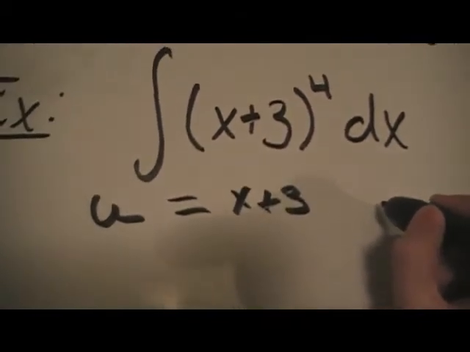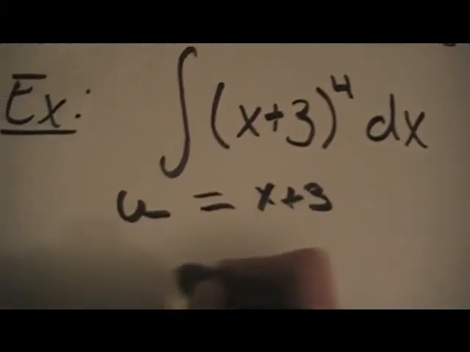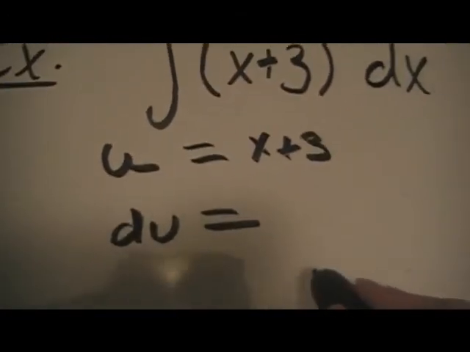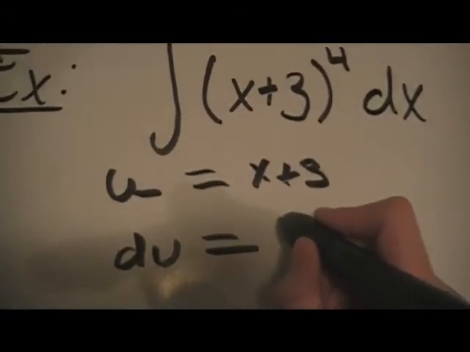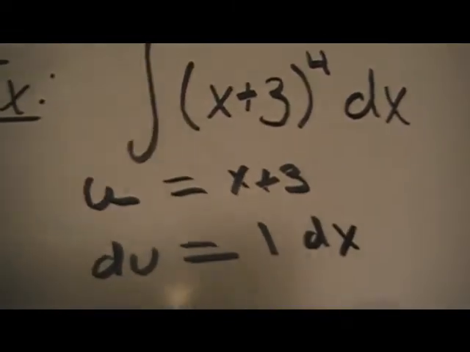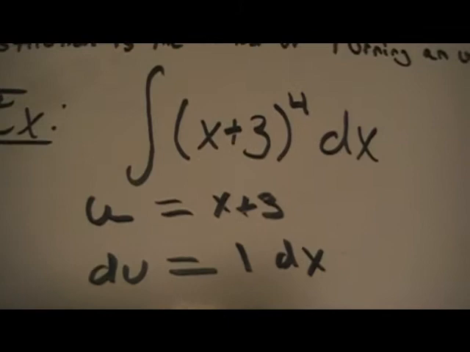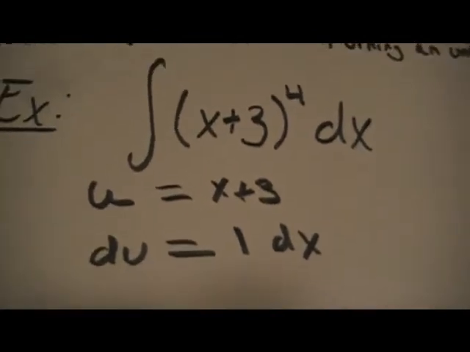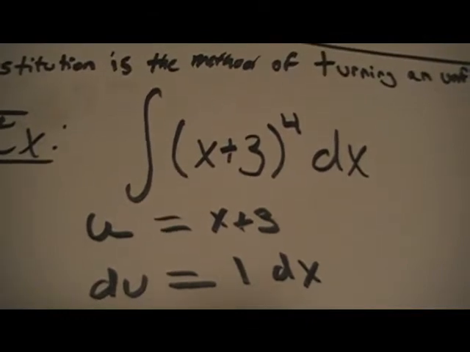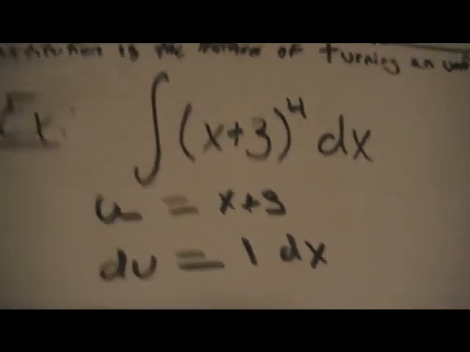And now we've got to figure out what du is. It's pretty simple. Just take the derivative of u, which is 1, dx. So now we've gone this far and have our substitutions, which we will use to be able to solve this equation fairly easily.